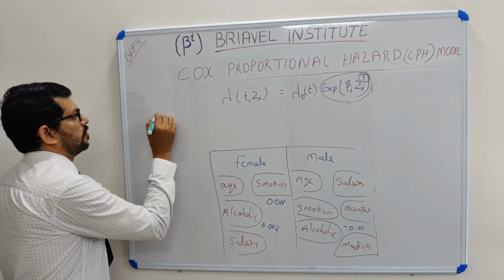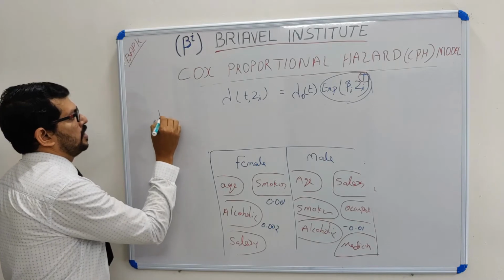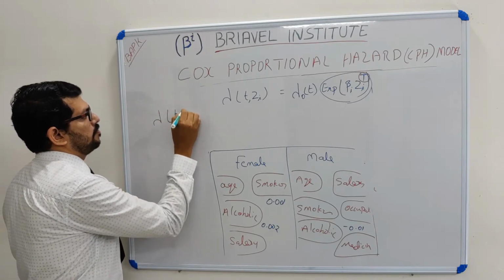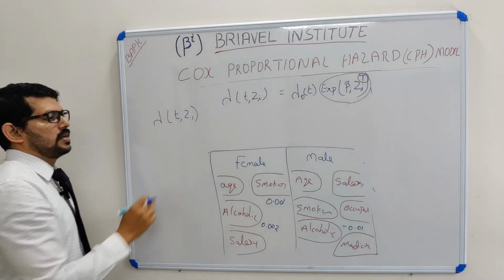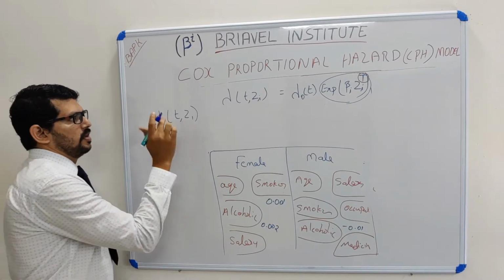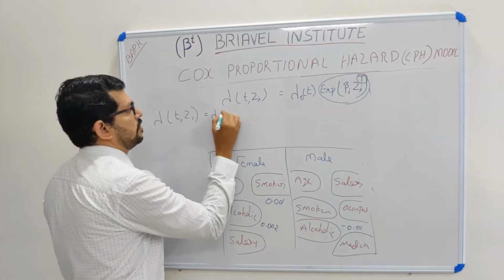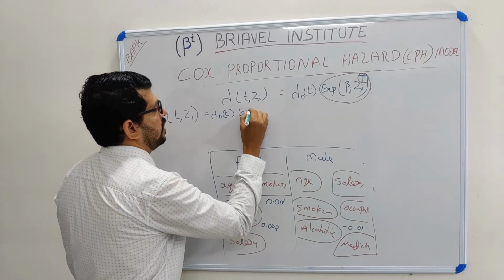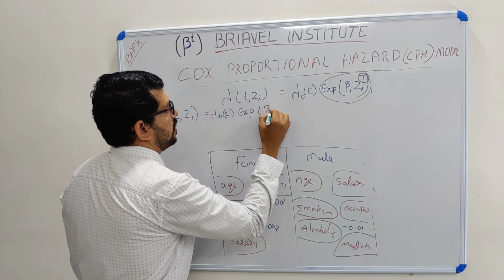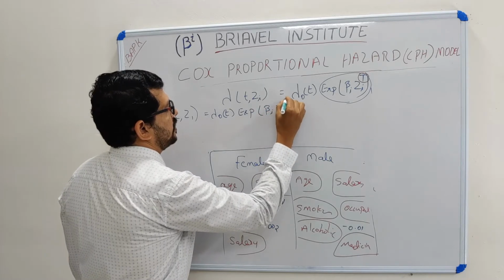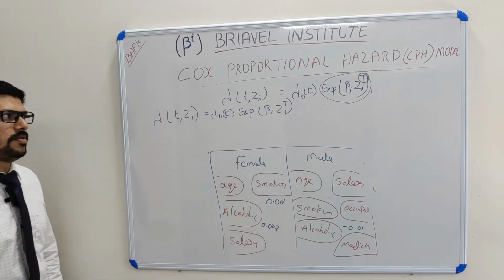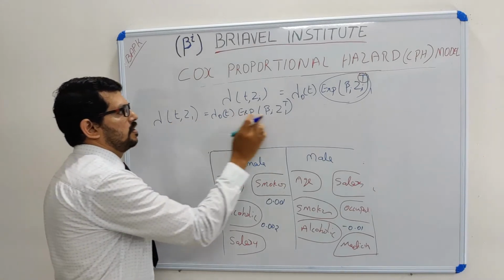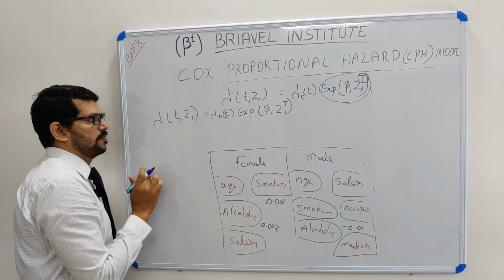So lambda t z1, now we have taken one covariate, z1, is equal to lambda 0 t and exponential beta z1 raised to t. This is our first equation, where z1 is the first covariate.